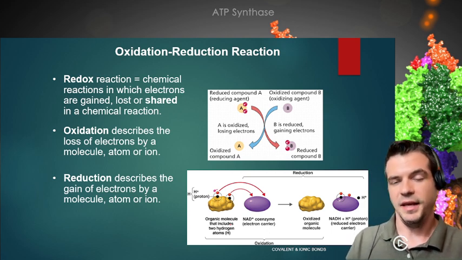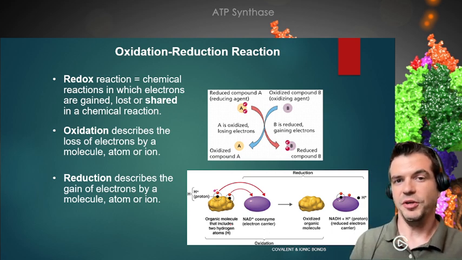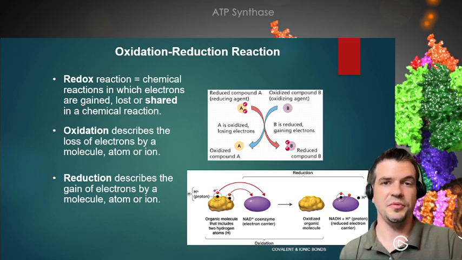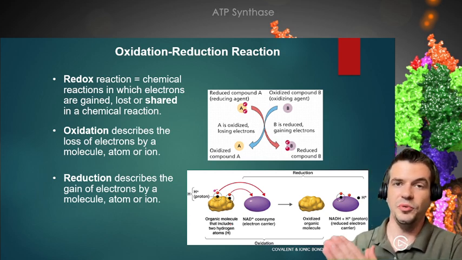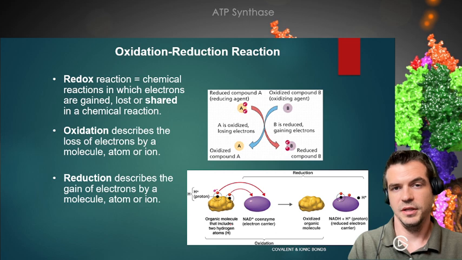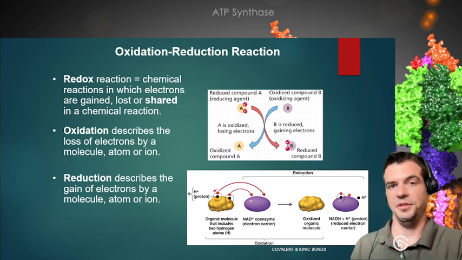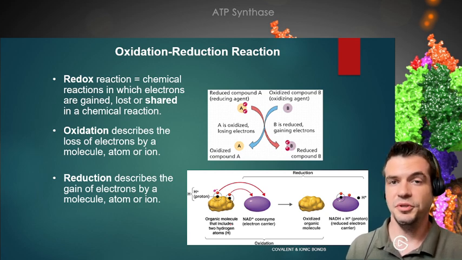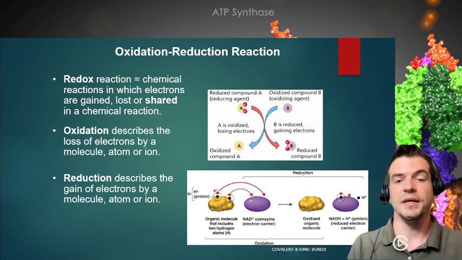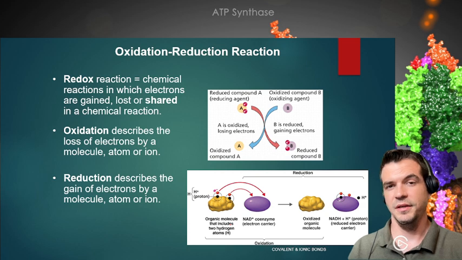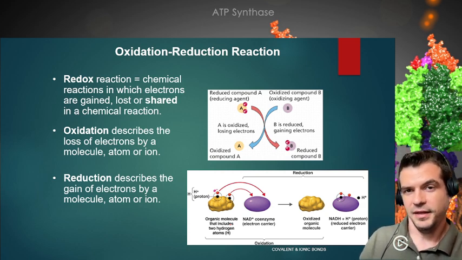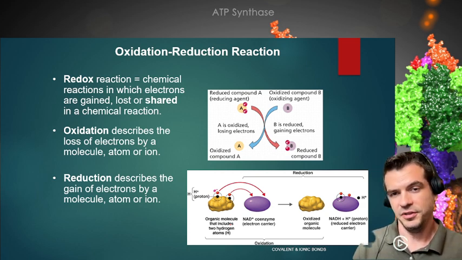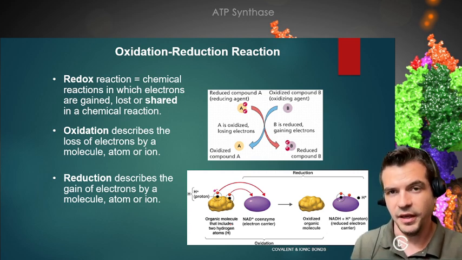At the end of the day, the main thing that we need to know is that in an oxidation reaction, you are going to lose electrons. Okay, oxidation is the loss of electrons. In reduction, you are going to gain electrons. If you gained electrons, they didn't come from nothing, they came from somewhere.